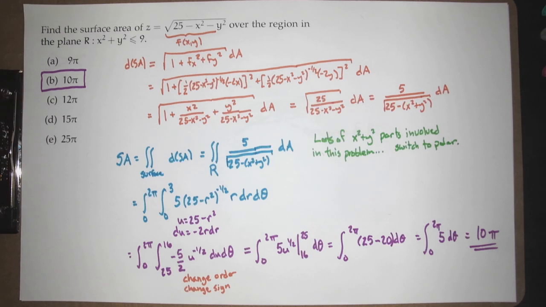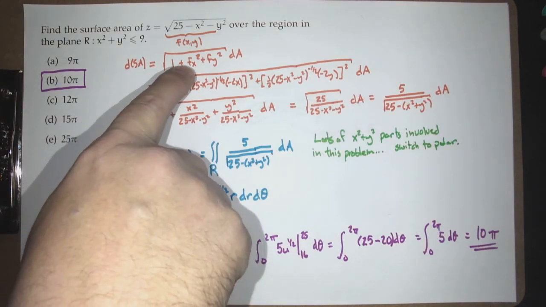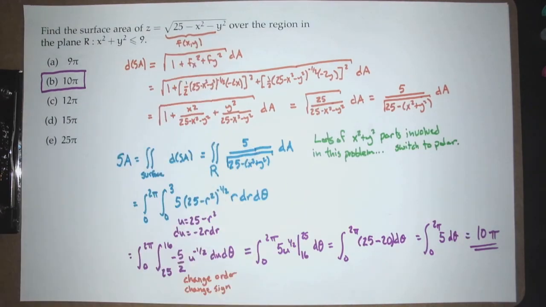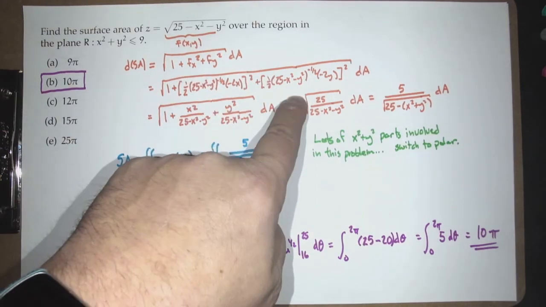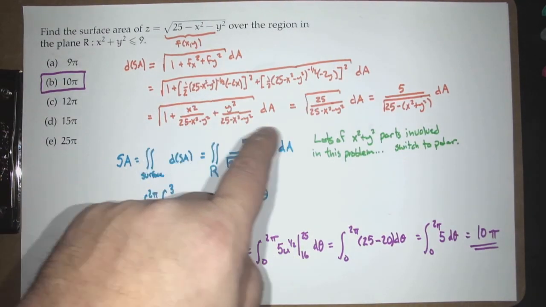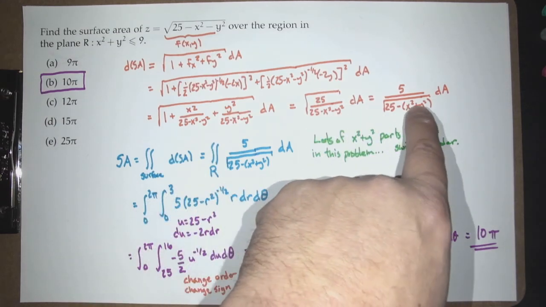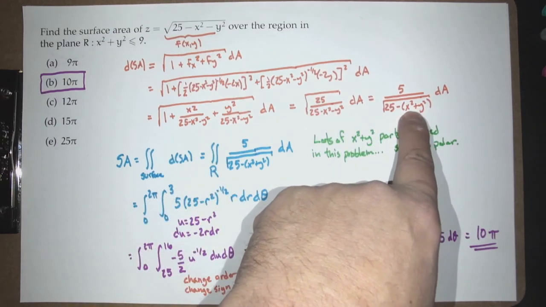So we have our formula for surface area, which involves taking 1 plus f sub x squared plus f sub y squared. And for spheres, it looks messy, but it's about as good as you can get for interesting surfaces. So we took the derivatives with respect to x and y, squared, added everything up, and we got this expression.